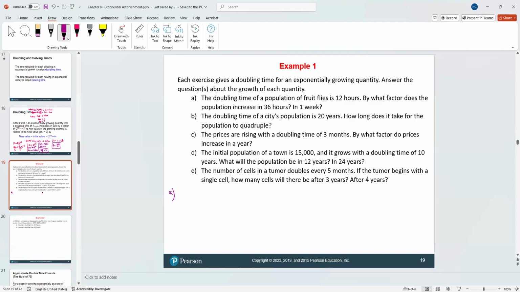So t equals 36 hours. We said in 36 hours, the fly population would increase by a factor. You remember we just covered the factor.